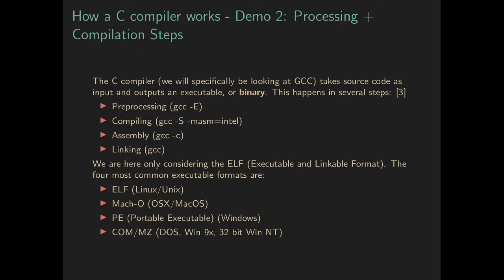The difference is that you end up expanding out macros and doing all that processing. Then the next step is compiling it into assembly with -S. Then you assemble it into object files, .o files, and then you link it with GCC. Here you can just use GCC, but there are other tools you can use for various steps.